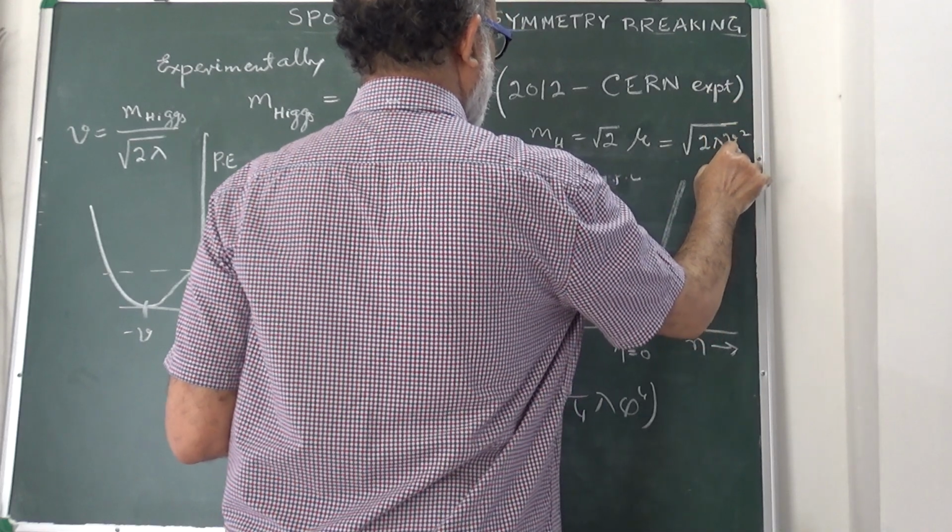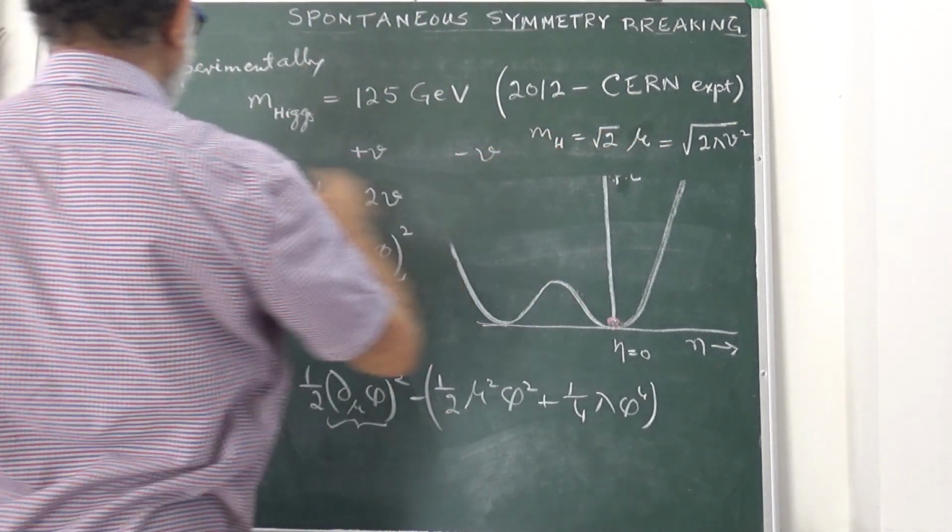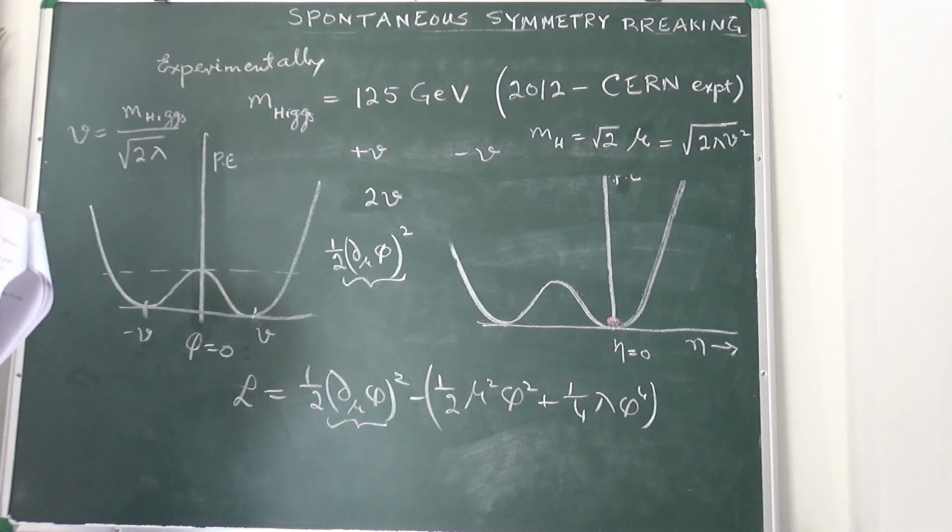So the value of v will be given by the mass of the Higgs divided by under root 2 lambda.